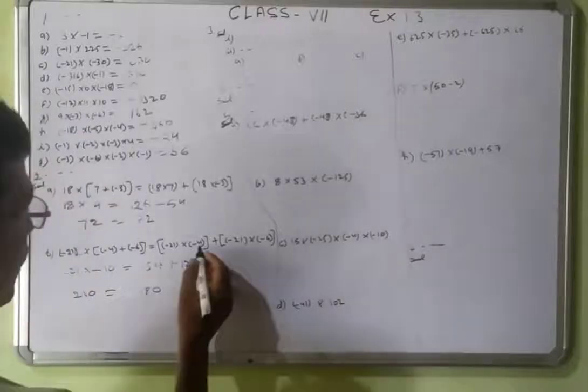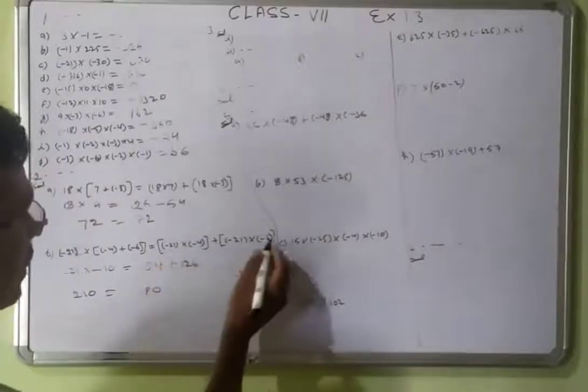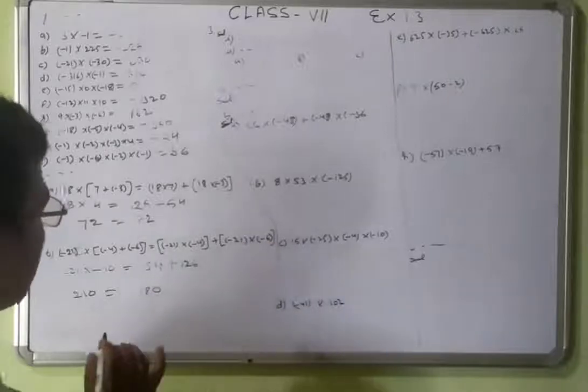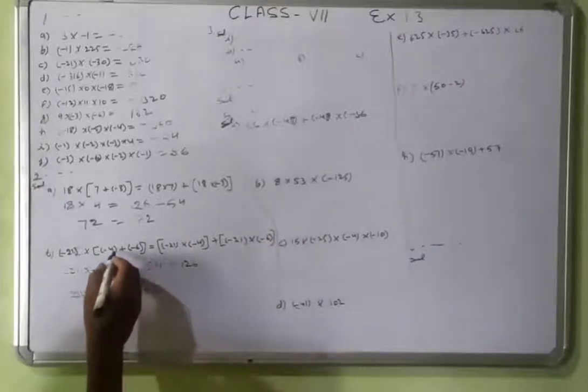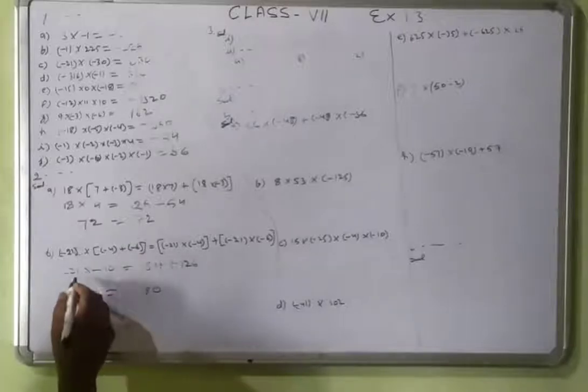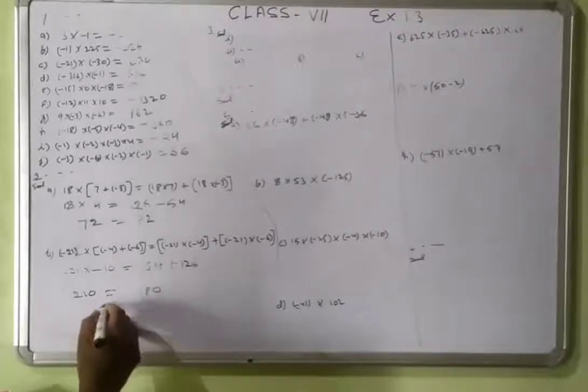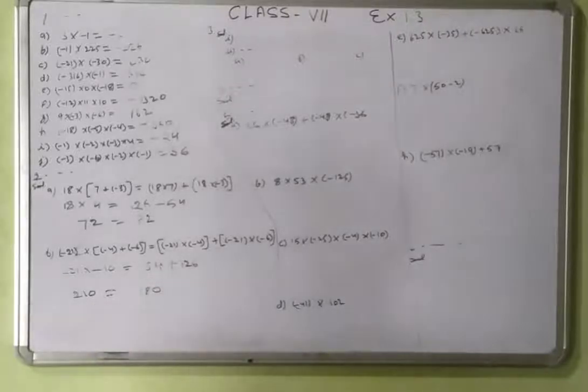See here, 4 1s are 4, 4 2s are 8, 6 1s are 6, 6 2s are 12, minus 12, 21, that is not equal. Not equal. Okay, we can check the answer also.